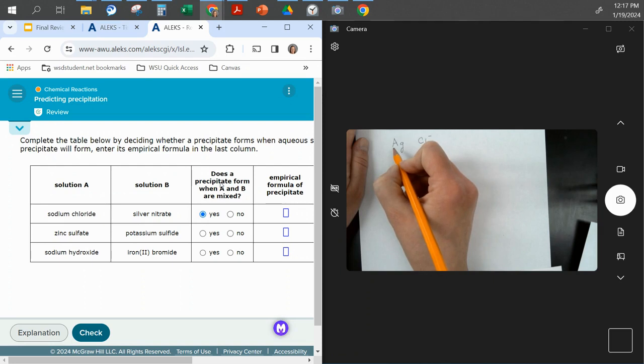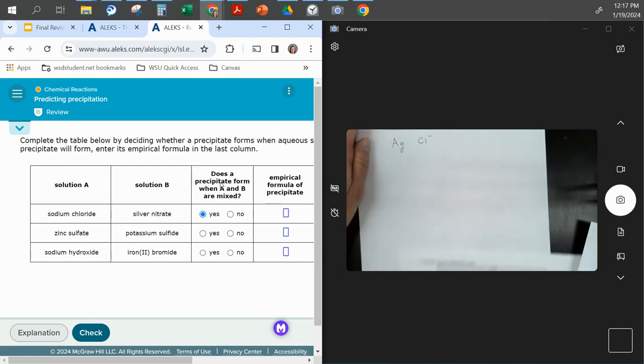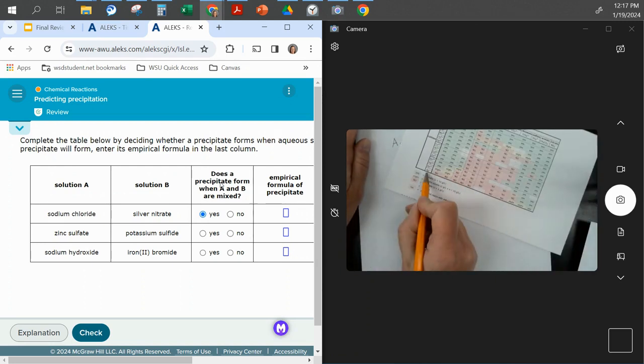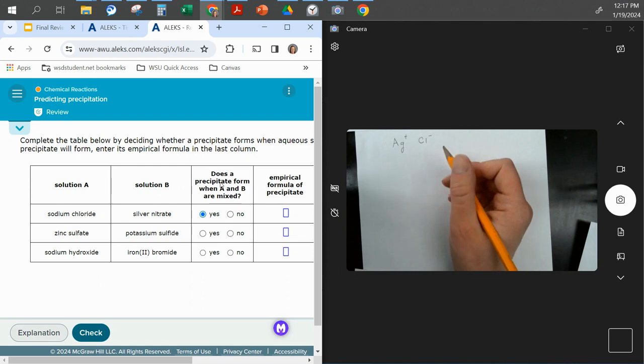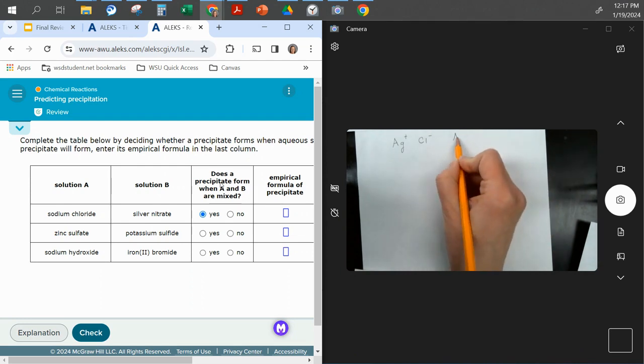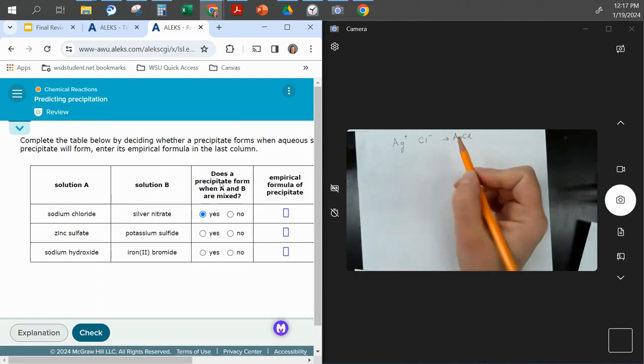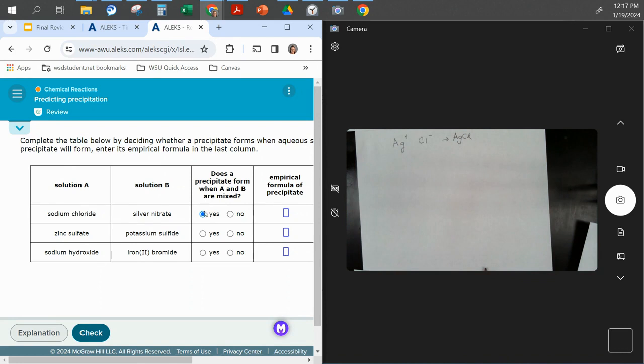Silver is one of the elements that always forms the same charge. Well, also it's on here. Ag is down here. Ag is always plus. That's always Ag plus. Okay, so that means our formula will be AgCl, 1 chlorine for 1 silver. Don't write charges in the formula. So we put yes, and then we put AgCl.